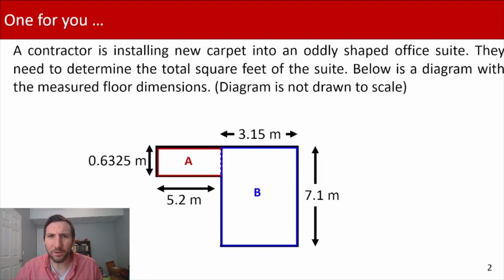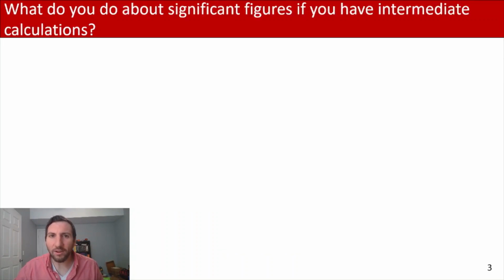Now, as you might notice, if I'm calculating the square footage for 2 different sections, that means that I have some in-between steps to get to my final square footage for the whole office suite. And so how do you handle those intermediate steps? Do I round the significant figures every step of the way until I get my final value? Do I wait a bit? How many decimals should I have?